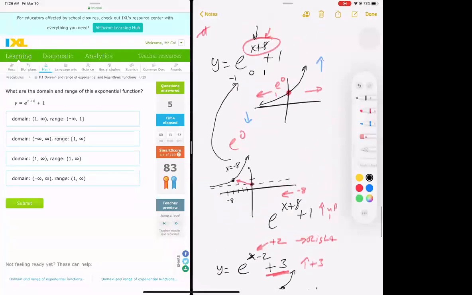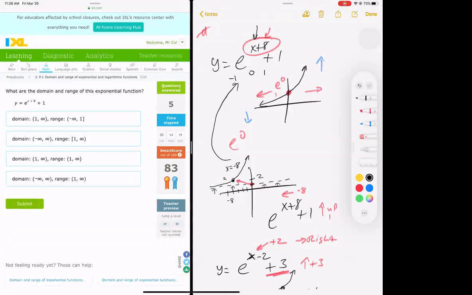We moved up 1, so it's not 2, right? This value is now 2, because it's up from 1. It's actually 1. So we go from 1 to infinity and beyond. Yay.